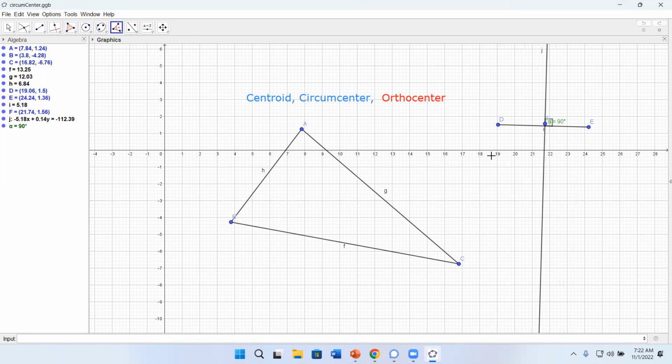Okay, so that is what perpendicular does. The line will move, but the angle will not change.